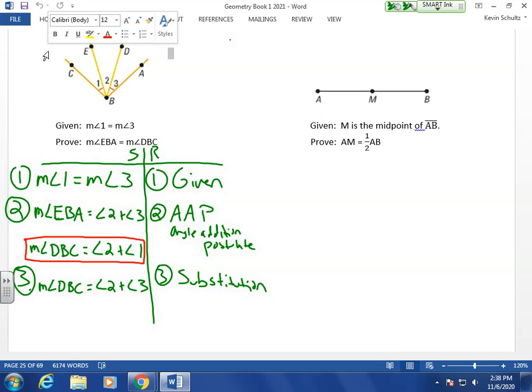So if DBC is 2 plus 1, then DBC has to be 2 plus 3 because 1 and 3 are the same. Okay? Now, what have we just done here? Why was that a major step to victory? Audrey? Because angle 2 and angle 3 also equal EBA. Yeah. DBC is equal to 2 plus 3. Well, guess what? EBA is also equal to 2 plus 3.